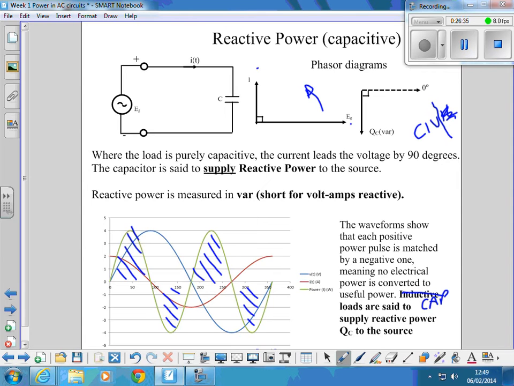In reality, when one is drawing, the other one's passing back and vice versa, because a capacitor's got to charge up, as an inductor's got to charge its field. But when the inductor's charging its field, the capacitor will be giving some charge back again, and vice versa, if there's both in the circuit. Quite often in industrial systems, you ought to probably know that there usually is, in the form of some power factor correction capacitors.